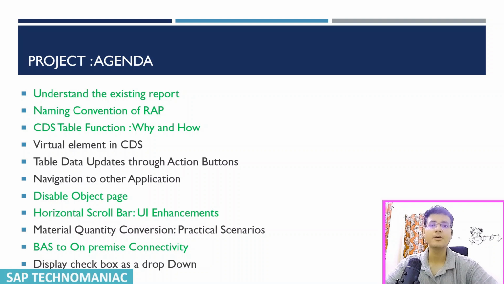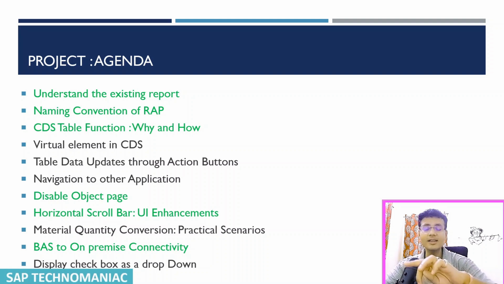Not only that, we understood how to convert our different selects from the reports to associations and normal joins. We disabled the object page today, and we enabled the horizontal bar so we can see all the fields in one row. We converted the responsive table to the grid table. These all things we already did as part of the series.